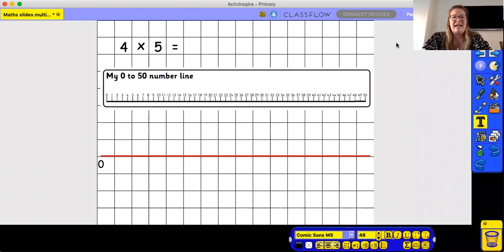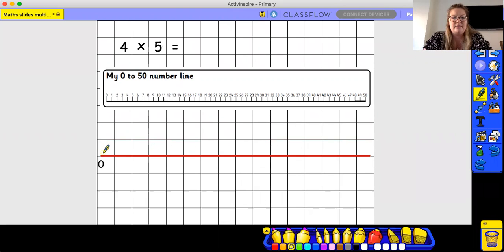A bit like yesterday, we are now going to see if we can solve some multiplying by 5 and multiplying by 10 problems using a number line. We're going to use the same method as yesterday, so let's think back. We've got 4 lots of 5, so I need to do 4 big jumps. 1, 2, 3, 4.